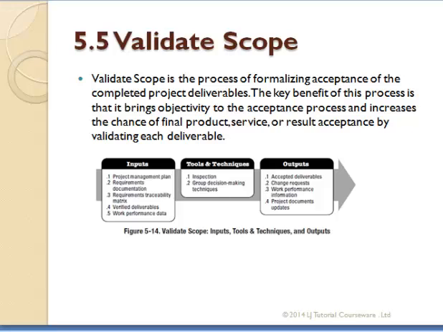The reason for this is that you're trying to bring objectivity to the acceptance process and increase the chance of the final product being accepted. When we say we are going to dig the ground, has the ground been dug already? So we try to validate the scope to see if it has been done.